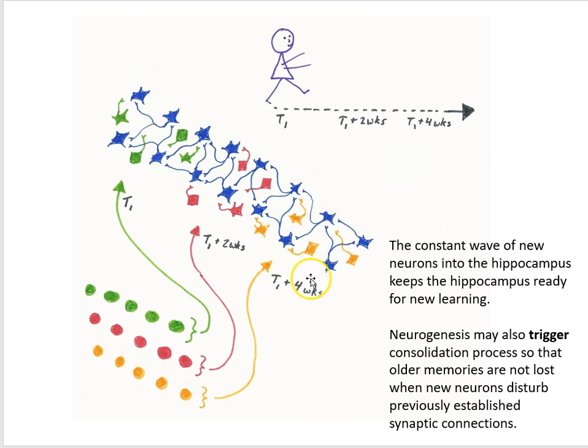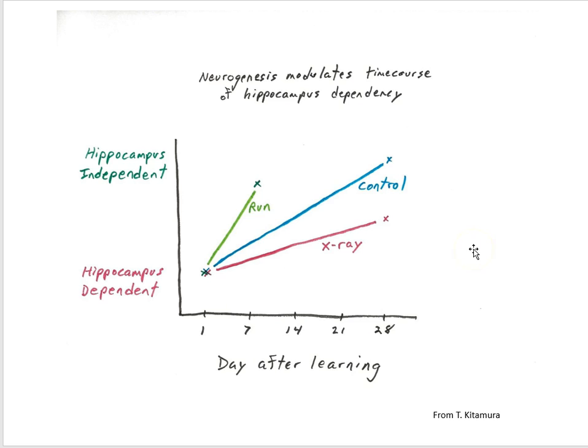Now, neuroscientists suspect that the integration of these new neurons may actually trigger consolidation processes, so that while the integration of new neurons disrupts the older memories, prior to the loss of those older memories, the consolidation processes will save those older memories into the cortical long-term memory system. In this graph, we see the results of some animal studies that neurogenesis modulates the time course of hippocampus dependency.